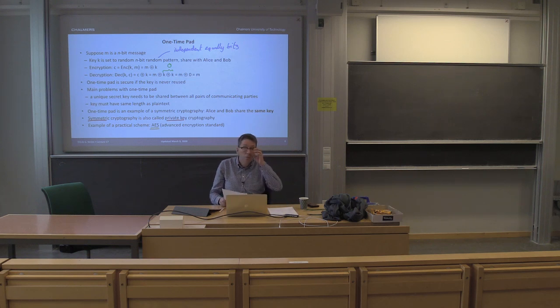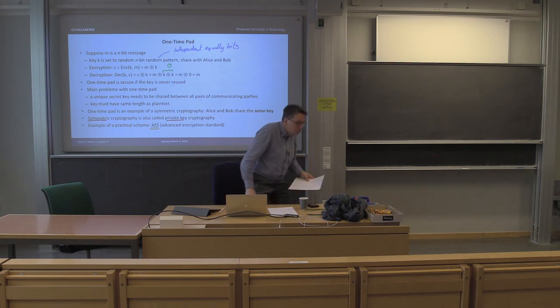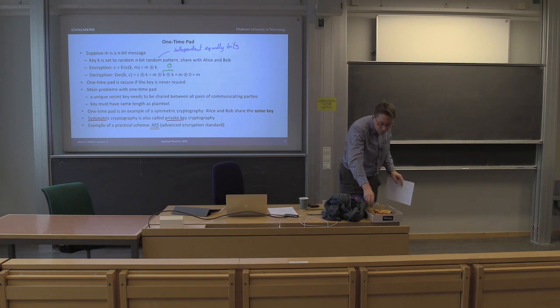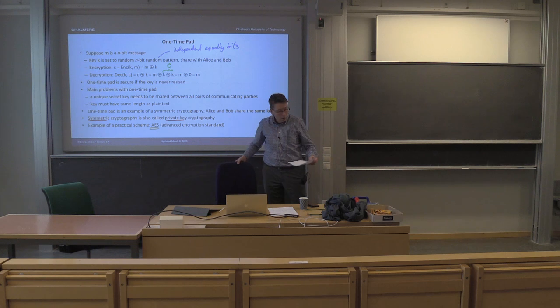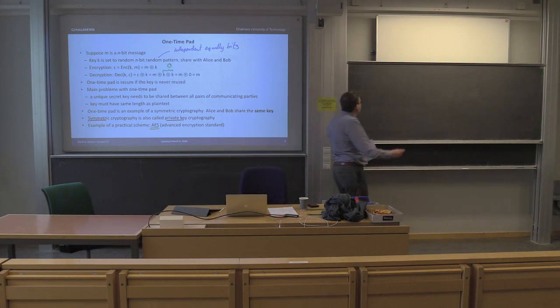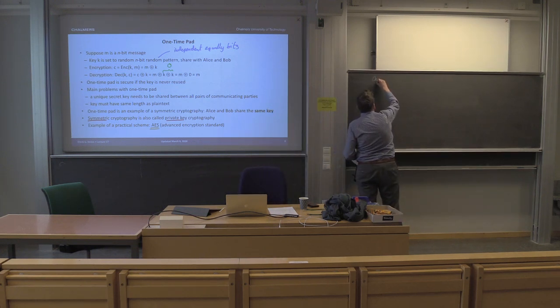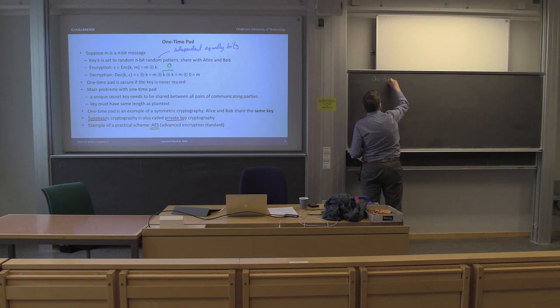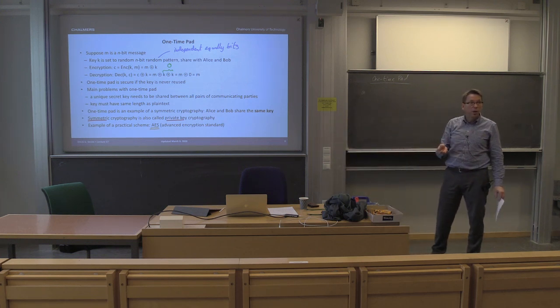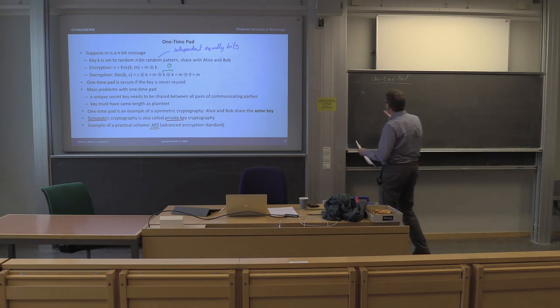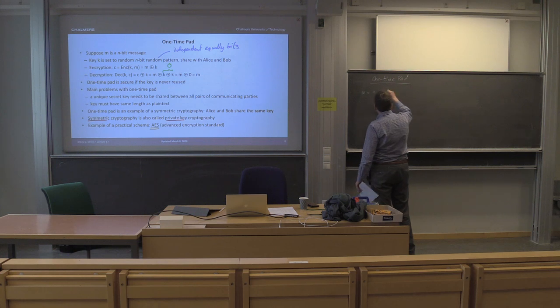But let's go through a small sketch of a proof that shows why the one-time pad is perfect, with a very small example here. So we have the message, which should be a number of bits. So this is 0100, for instance.